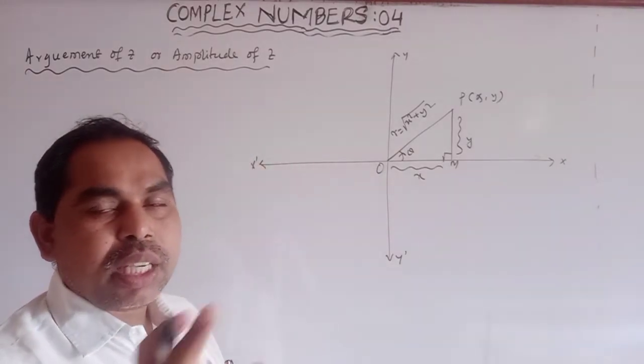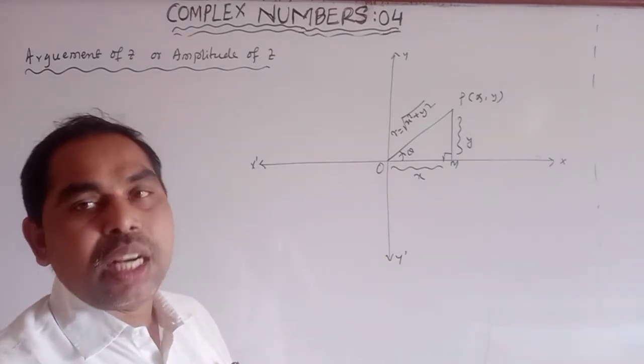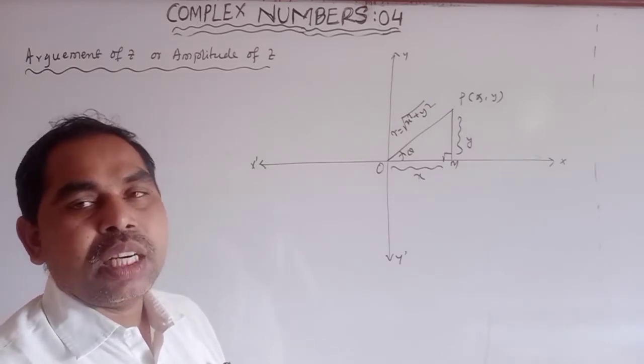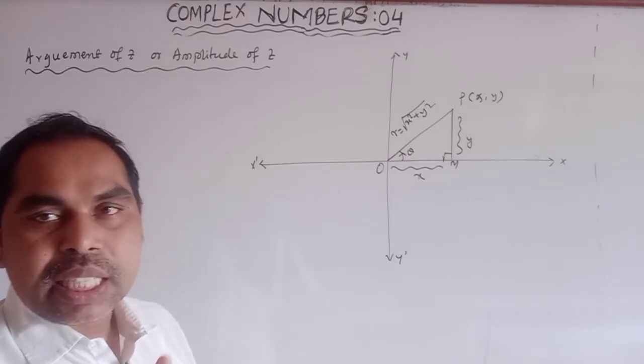Line OP makes theta angle with positive direction of real axis or x axis in anti-clockwise sense, that is positive angle, then theta is called argument of z or amplitude of z. Okay.